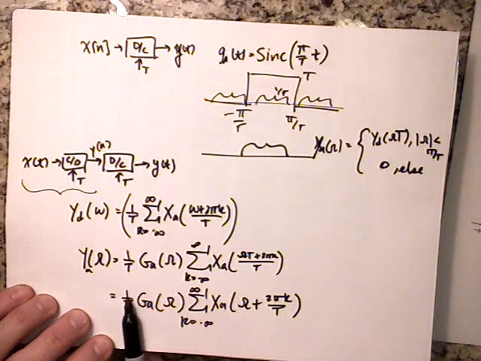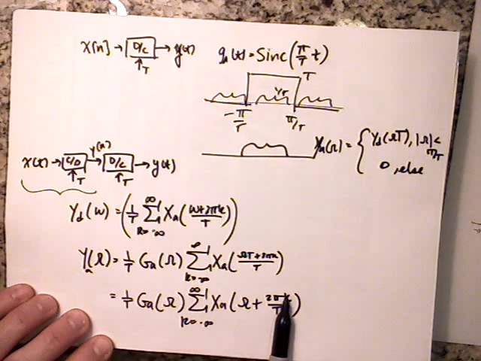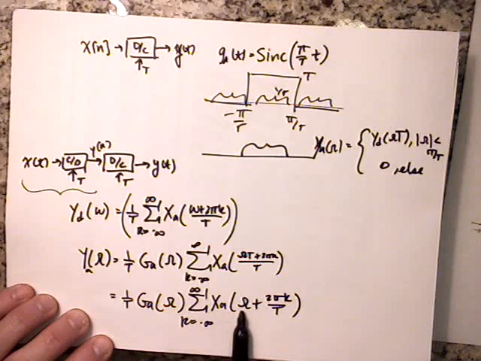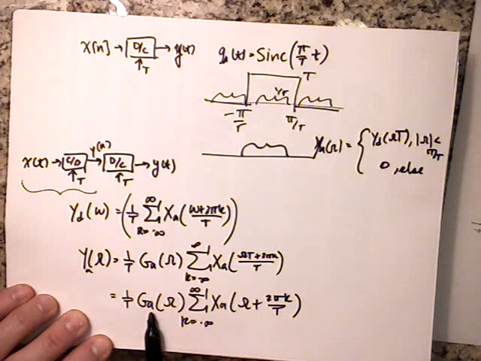This says I've got a scaled by 1 over T version of a periodically aliased spectrum, then I multiply by G_A of omega.